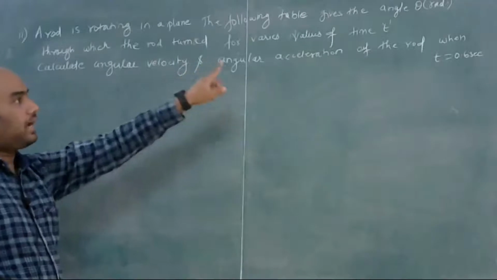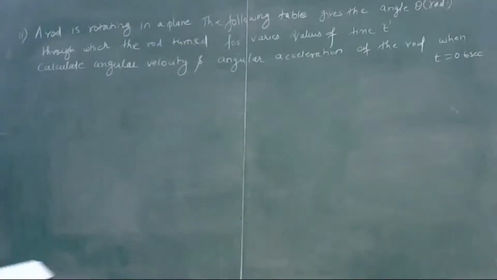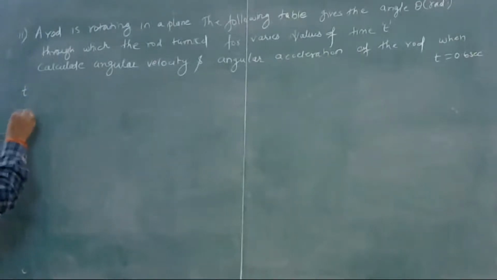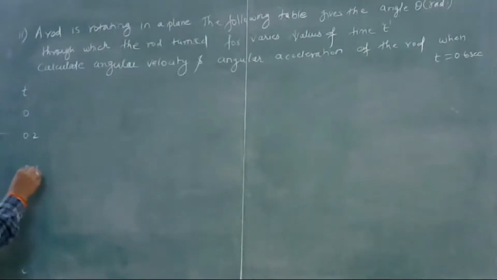Okay. Theta and t is given. Okay. So value of t is given 0, 0.2, 0.4, 0.6, 0.8, 1.0 and 1.2. Okay.